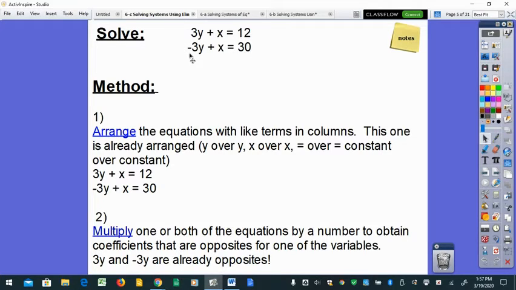The second thing we were looking for was whether there was a coefficient, a number in front of one of the variables, that was the same but off by a sign? And if you'll notice, there's a 3 and a negative 3. And what we discovered is if we add down, we'll get a 0 pair here and eliminate the y and end up with 2 x's equaling 42.